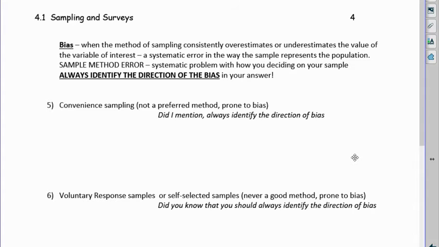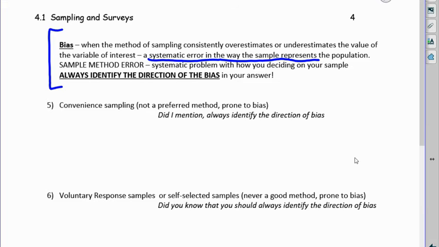Now, just to mention some sampling methods that are really not good, and they have what's called bias. And bias is when you have a systematic error in the way you're doing something. And you can think of what direction is that bias going in?